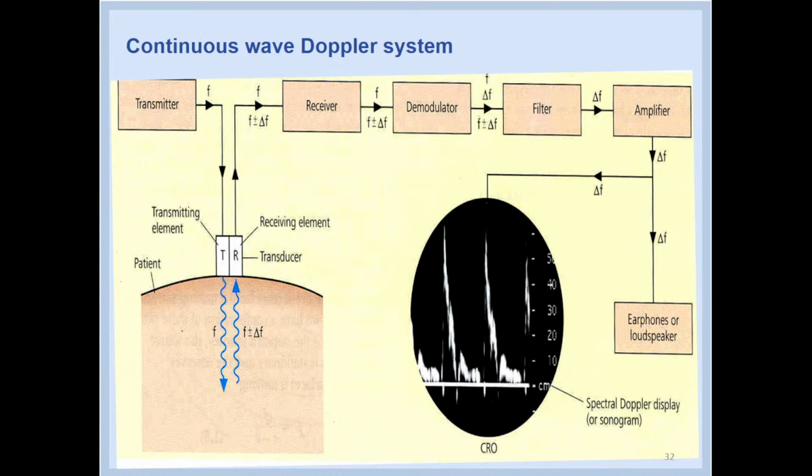The transmitter provides a continuous voltage output of constant amplitude and frequency, being about 2 to 5 MHz. Transmitter first, starts from the transducer, which contains separate transmitting and receiving piezoelectric crystals.